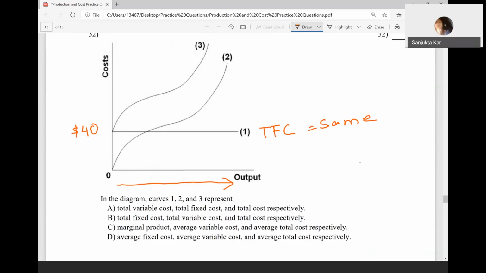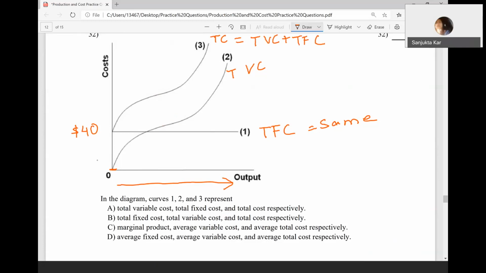Then curve number 2, this one is the total variable cost. If nothing is produced, the total variable cost is going to be equal to 0, and this keeps increasing. As you can see here, total variable cost keeps increasing as output increases. Then curve number 3 is total cost, which is equal to total variable cost plus total fixed cost.